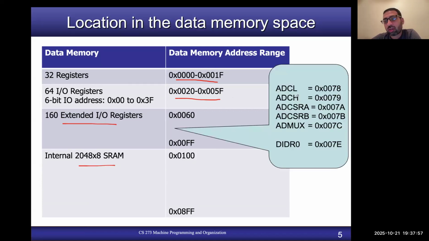The registers associated with ADC have addresses within the range 0x0060 to 0x00FF. Since they are not in our range, we cannot use in and out instructions with them, right?